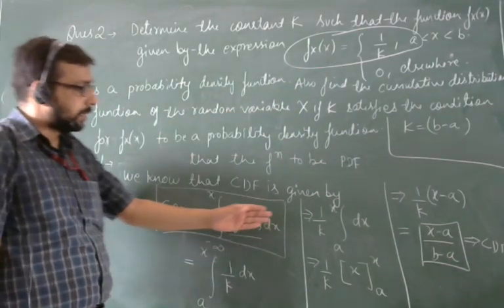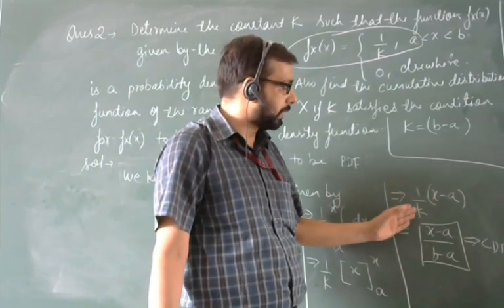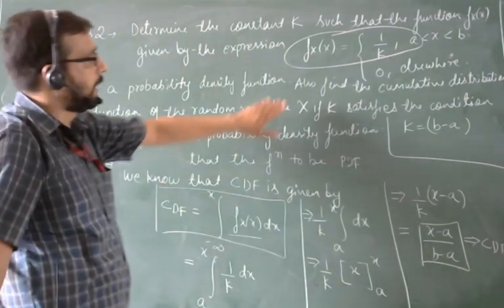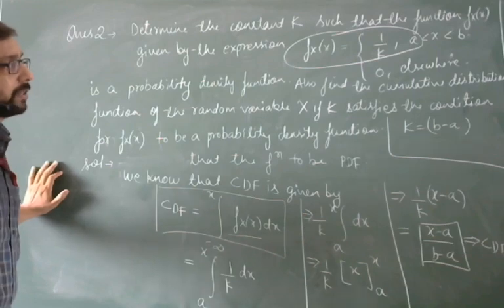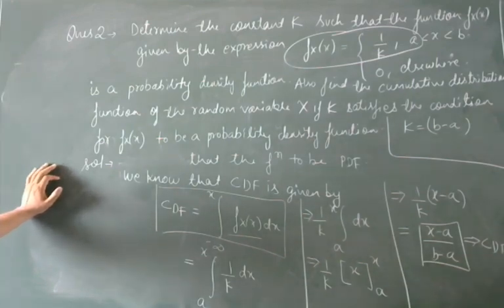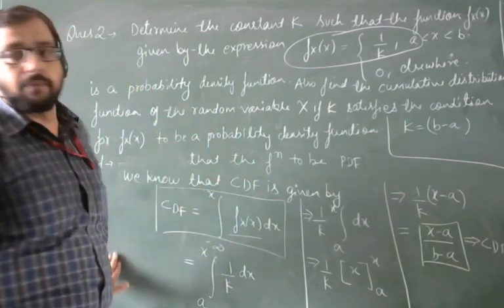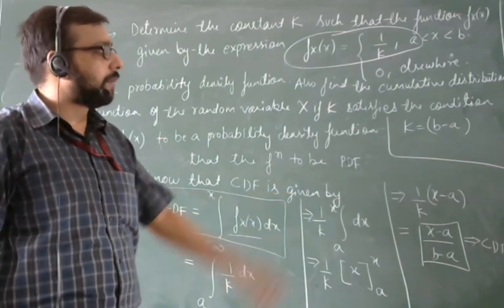Now here is the simple integration, and also at last place the value of the k, because according to the question here, find also the cumulative distribution function of the random variable x if k satisfies the condition for f(x) to be the probability density function. तो जो हमने k की value find किया हुआ है वो हमें k की value में यहाँ place करना पड़ेगा, ठीक है, for the final value of the CDF.